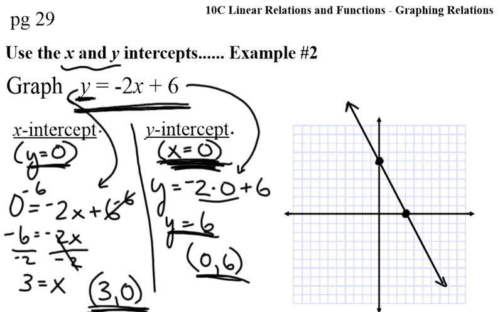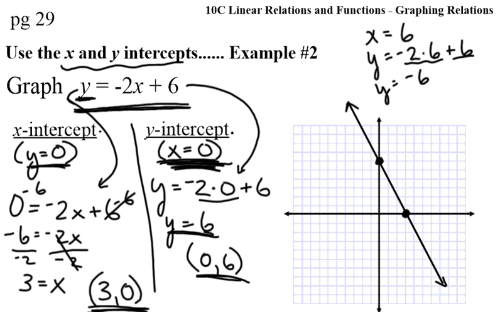I've used the x and y-intercept like it says. But me being the uptight math guy, I'm going to double check it, and I'm going to use x equal to, let's just say 6, and see what I end up with. Y equals negative 2 times 6 plus 6. That'll give me negative 12 plus 6 is negative 6. So x is 6, y is negative 6.